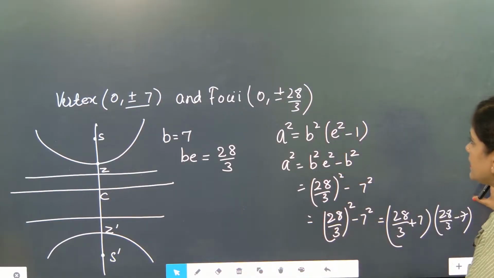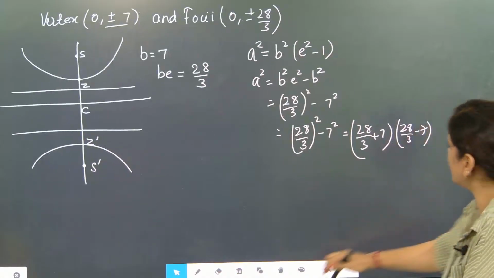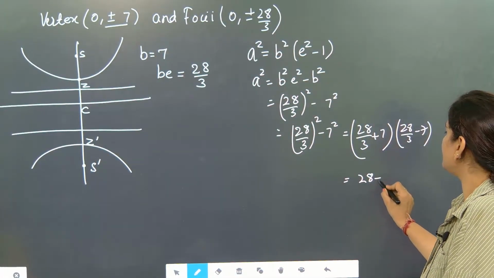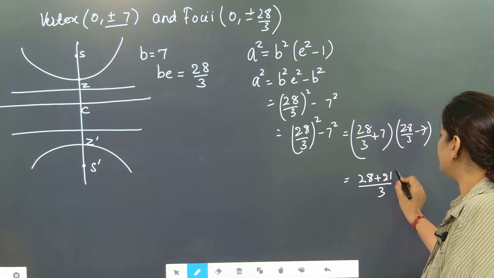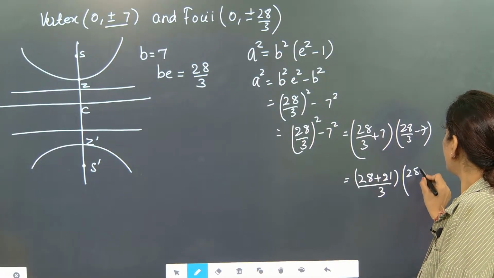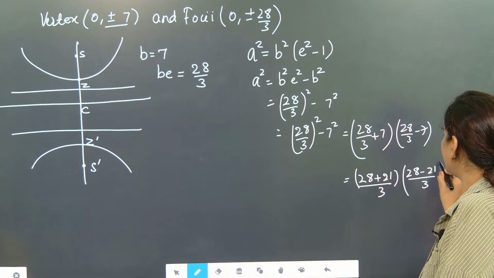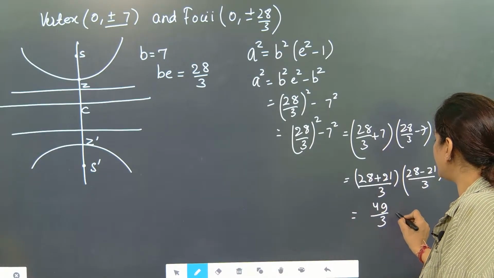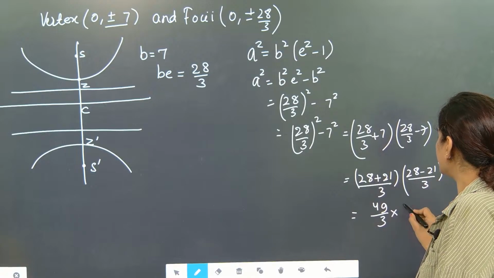Once you write it till here, we write 3 7s are 21, so 28 plus 21 by 3 and 28 minus 21 by 3. So 49 by 3 is coming, into 7 by 3.